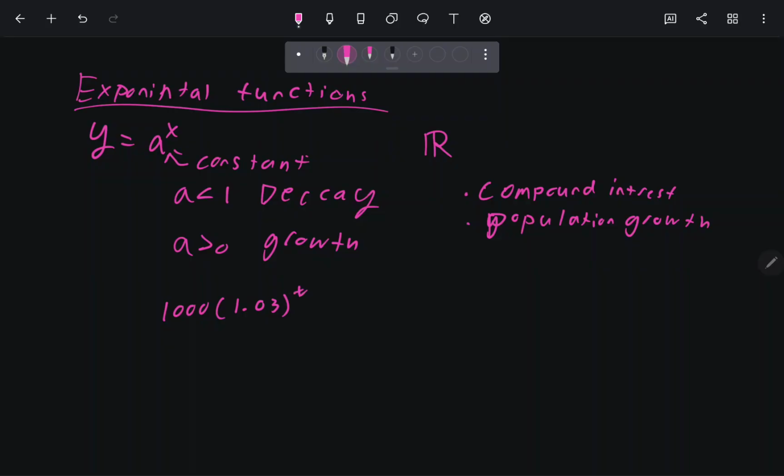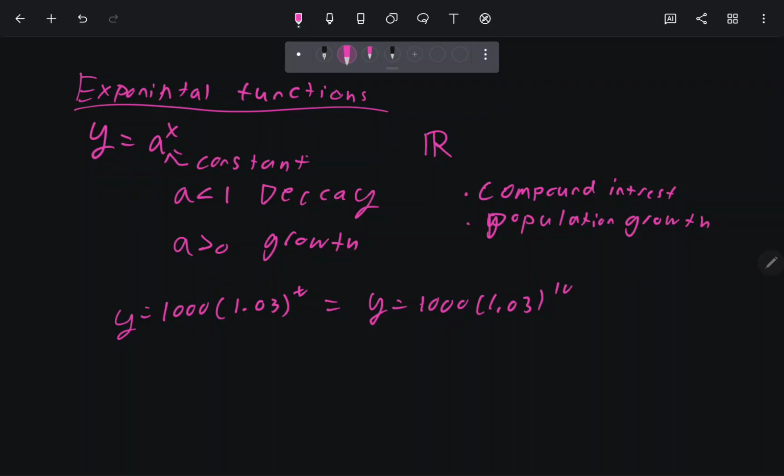And the exponent up here is going to be the year. This is going to be a model of how much I'm going to have in my bank account in however many years. So if I wanted to know how much money I'm going to have in 10 years, we're going to plug in 10.